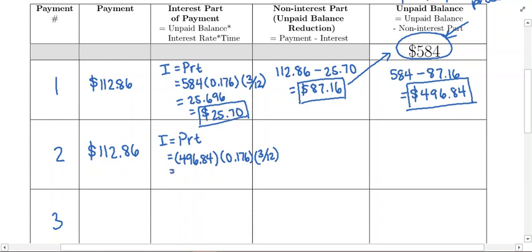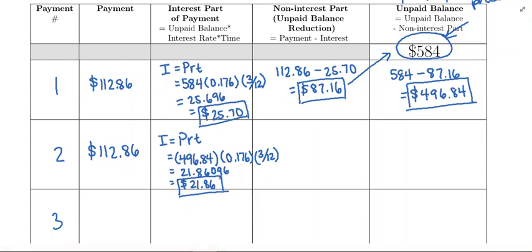Punch this in the calculator and you get 21.86096. Round this to the nearest cent, so it's $21.86. That's how much interest has accrued since the last payment.